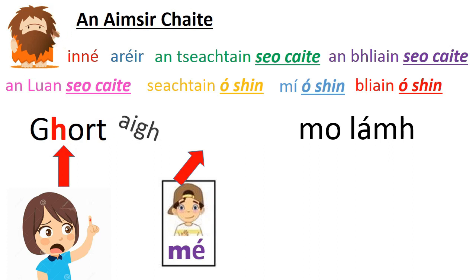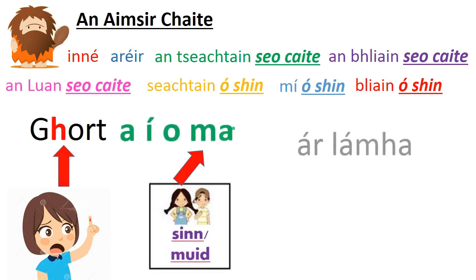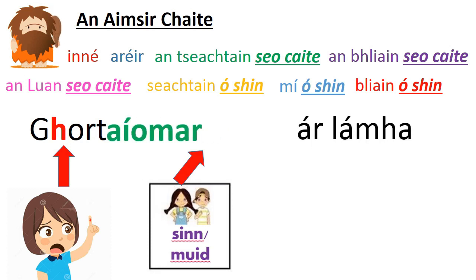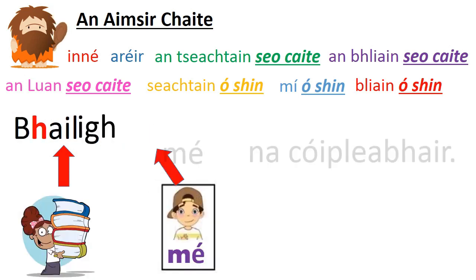I have to get rid of that second syllable. So away it goes. Gortaíomar ár lámha. We hurt our hands. Féach an dá ghuta. Sin guta leathan. Sin guta leathan freisin. Leathan le leathan, tá siad ceart go leor.